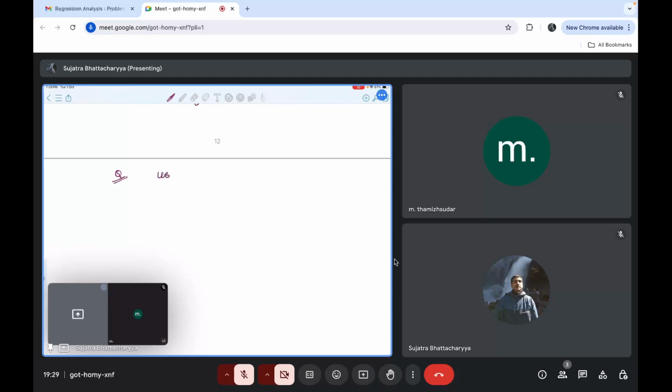Using one dummy variable z to distinguish two groups, z is equal to 0 for set A. This is given in the question, so you just read the question. It says z is equal to 1 for set B.